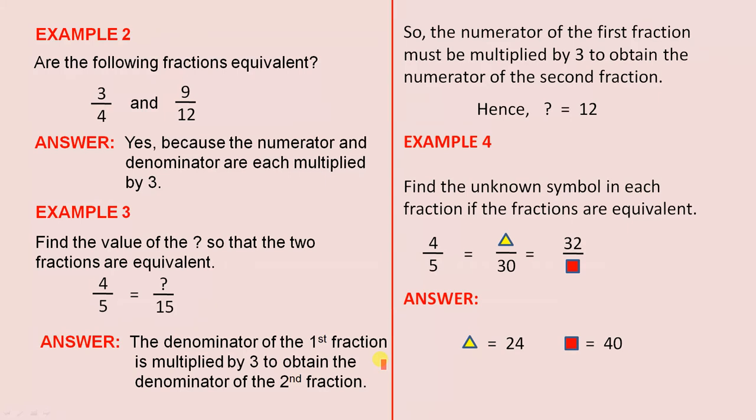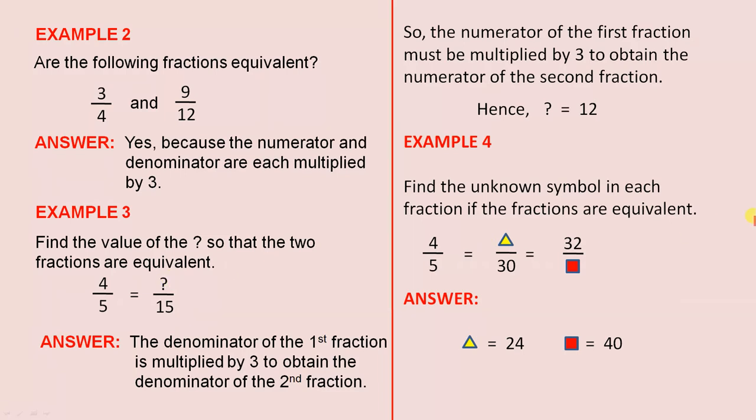The denominator of the first fraction is multiplied by 3 to obtain the denominator of the second fraction. So, the numerator of the first fraction must be multiplied by 3 to obtain the numerator of the second fraction. Hence, the question mark is 12 because 3 4s are 12.